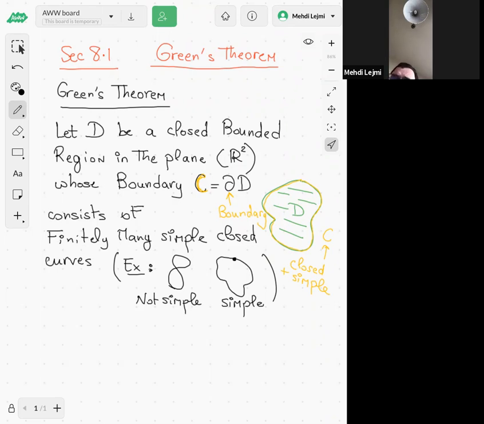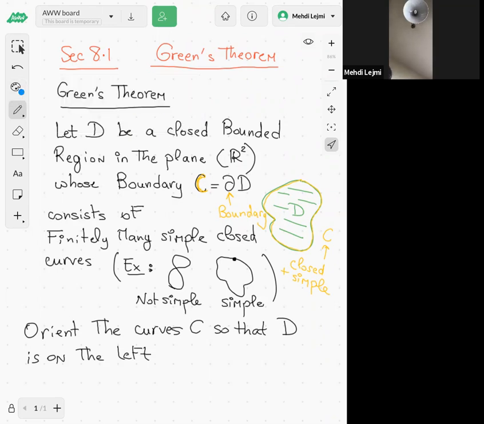Now we need orientation, so we need to orient the curve. You have to orient the boundary, the curve C, so that the region D is on the left as one traverses C. Like here, the orientation would be this one here, because D would be on the left of your orientation, right?